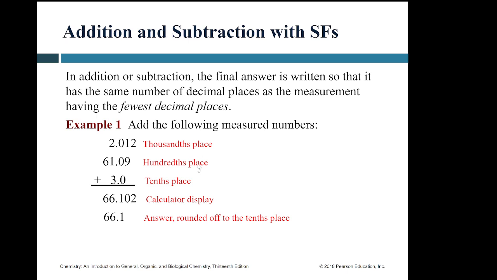That's always the thing you want to keep in the back of your head when dealing with sig figs: ultimately they're uncertainties. So we add these together. The calculator is going to display this number, but the uncertainty is right here. In reality, this number is not 3.0.